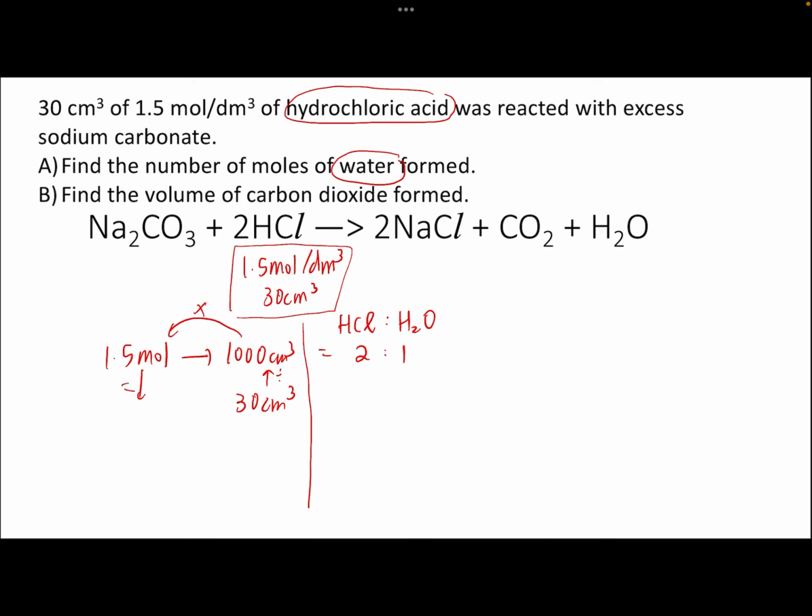And that will give me 0.045 moles. That is in 30 cm cube of this sample of hydrochloric acid. So this is 0.045 moles, and therefore the number of moles of water will give me 0.0225 moles. And that is your answer.